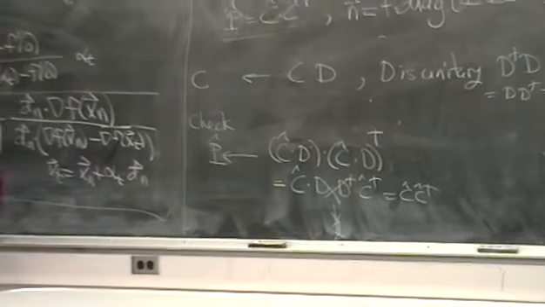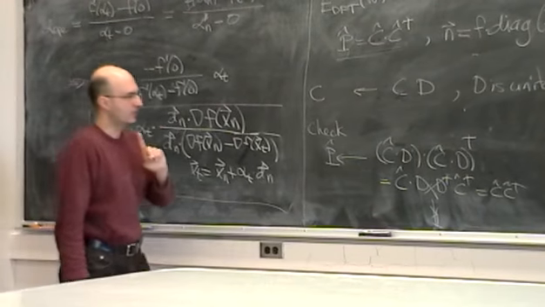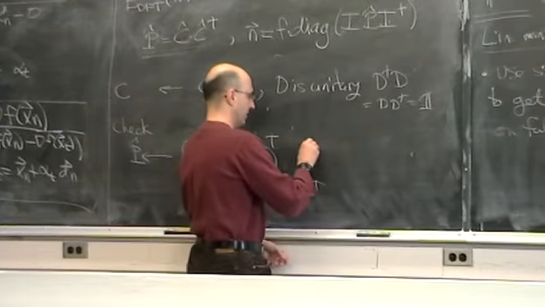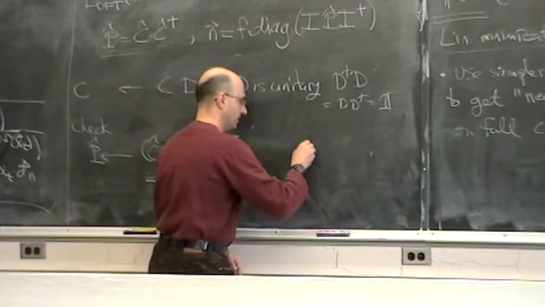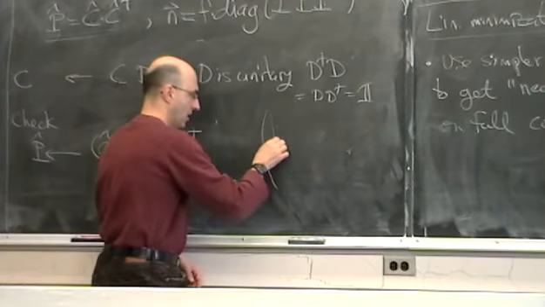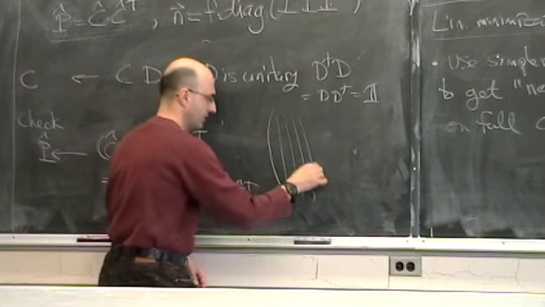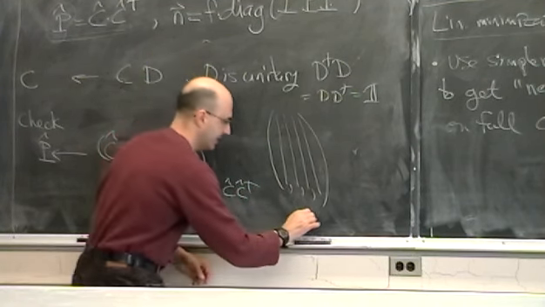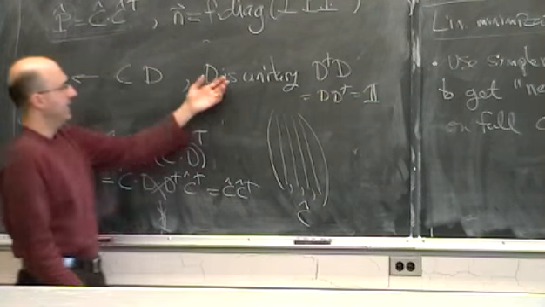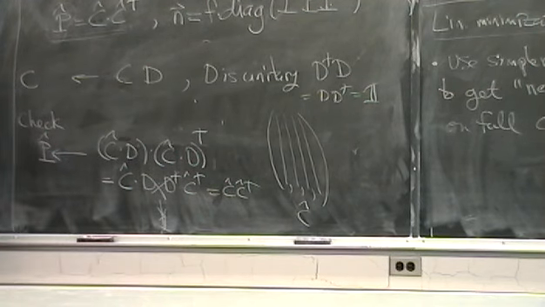Now, post-multiplication does what to our wave functions? Let's remember that our wave functions basically are the columns of the matrix C. Those are the expansion coefficients for our wave functions. This is what C looks like. D is some square unitary matrix.